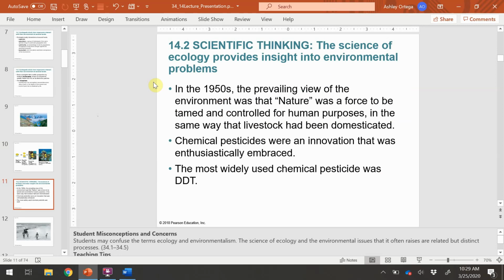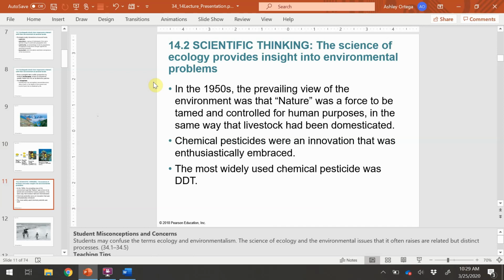Ecology and the study of the ecosystem were not always this way. Back in the 1950s, the view in terms of scientific study of the ecosystem and life was much different. The prevailing view was that the environment itself was a force to be tamed and controlled for human purposes or reasons, just like the way livestock had been domesticated.